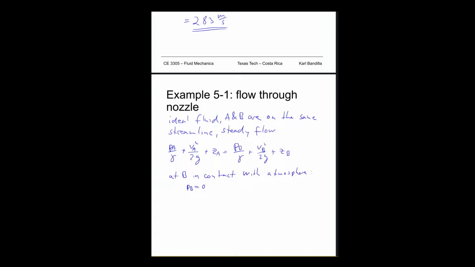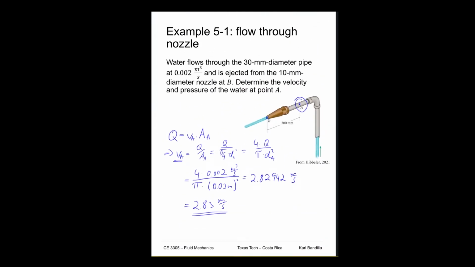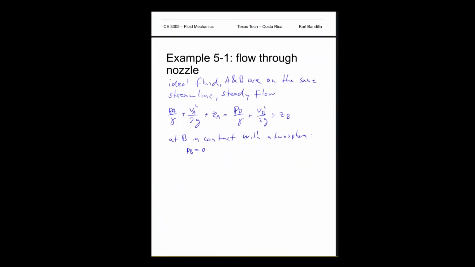All right. Then how about our ZA and ZB? Let's look up here. Well, we can say that the datum is on the center line of this pipe here, so both those are going to be 0. So we can say datum at center line of pipe.